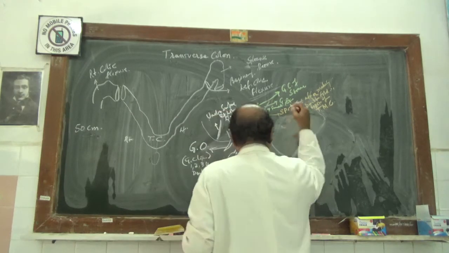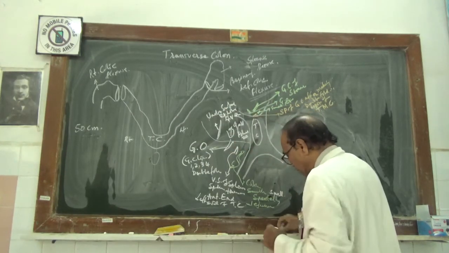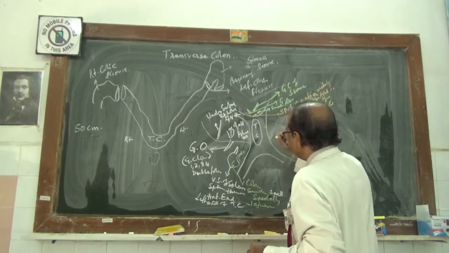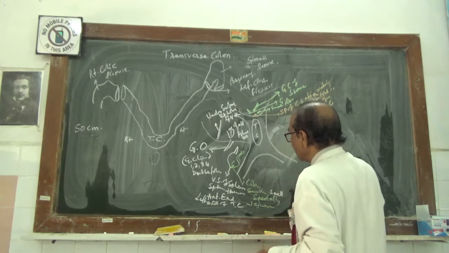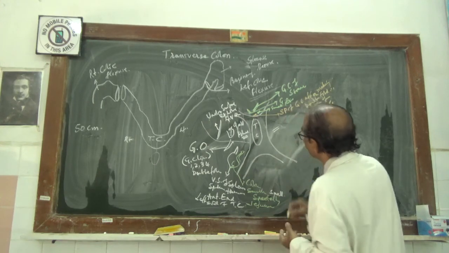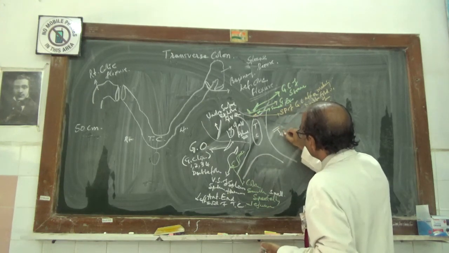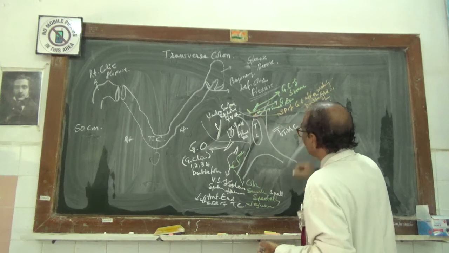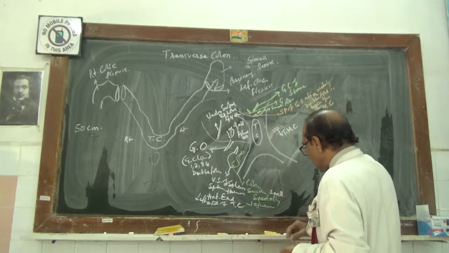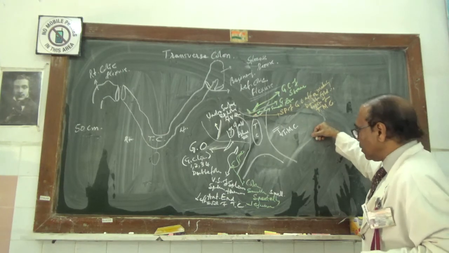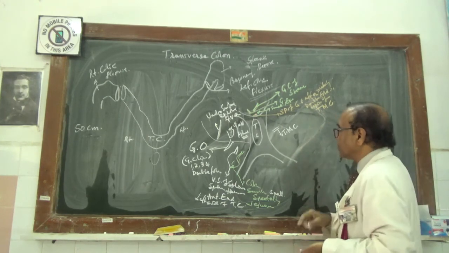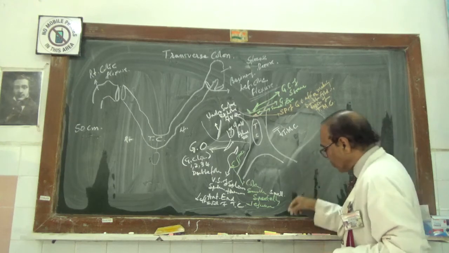Then what you will be having behind this: first and foremost, you will be having the transverse mesocolon, which is formed by the superior and the inferior layer of the gastrocolic or greater omentum. So that will be there, the transverse mesocolon.